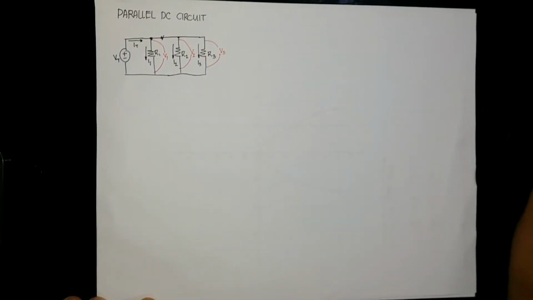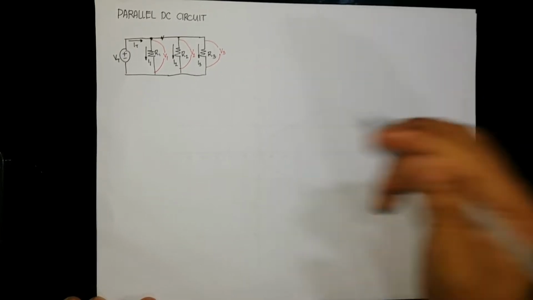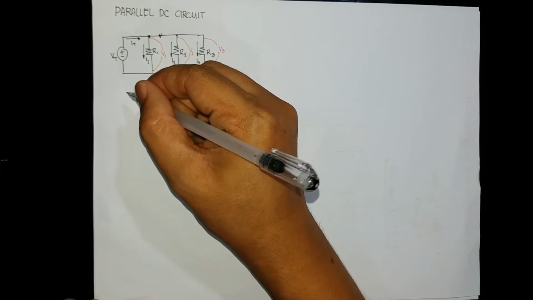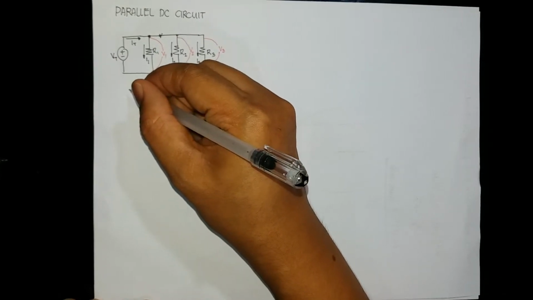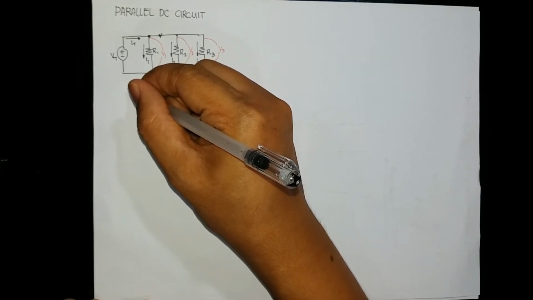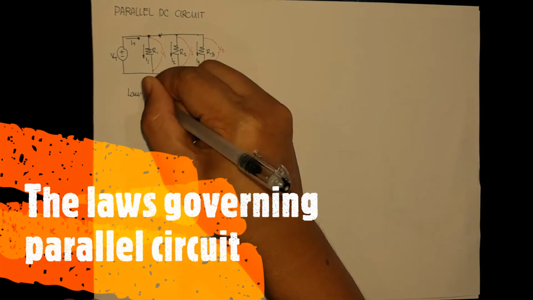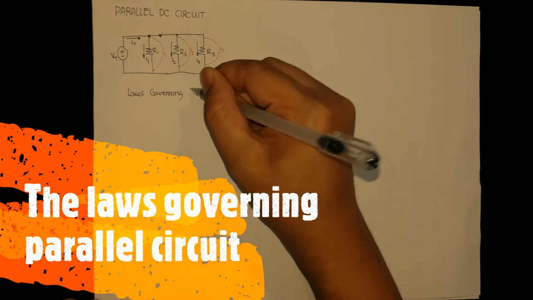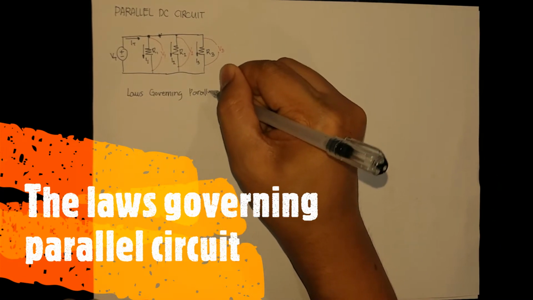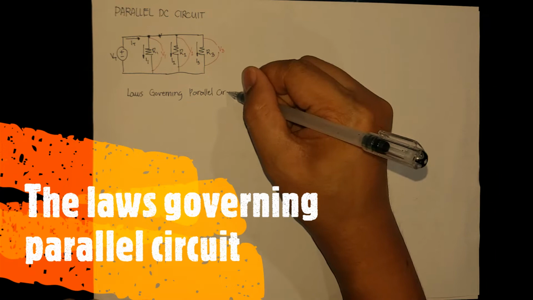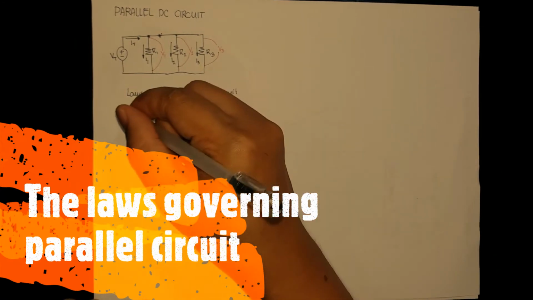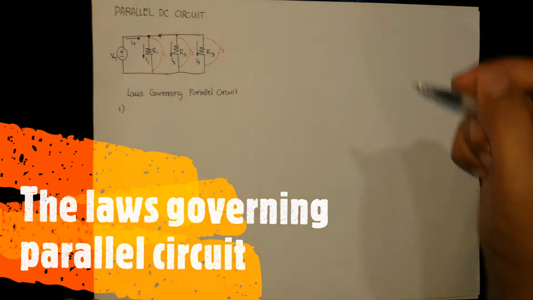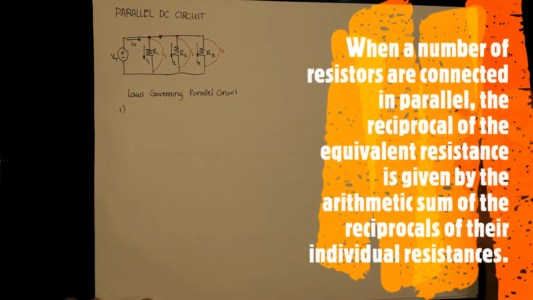So again, we're trying to get the relationship between these parameters. So parallel circuit is governed by certain laws. So the laws governing parallel circuit. First is about the total resistance.